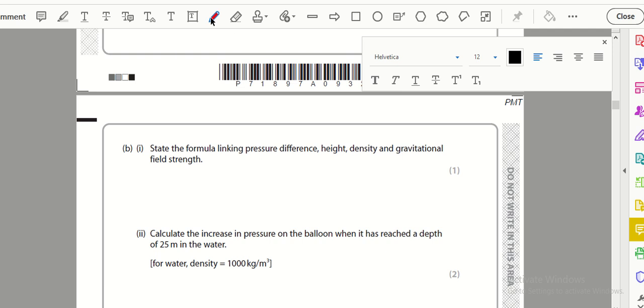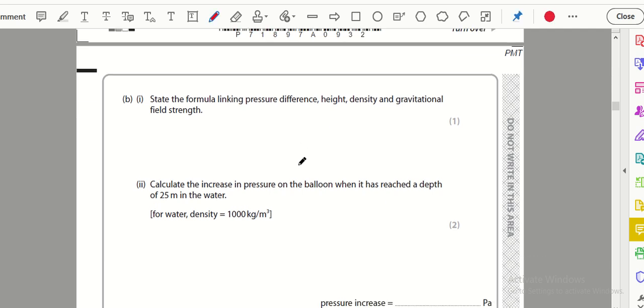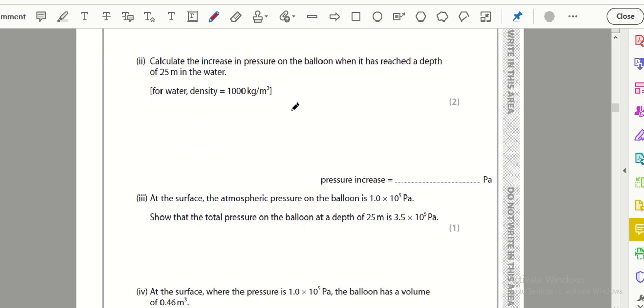State the formula linking pressure difference, height, density, and gravitational field strength: delta P equals rho g delta h. Calculate the increase in pressure on the balloon when it reaches 25 meters in water.